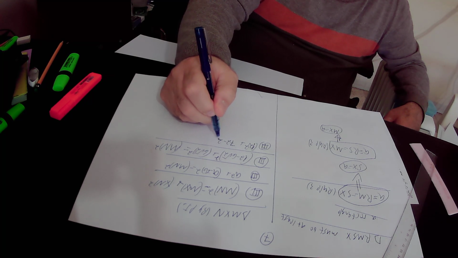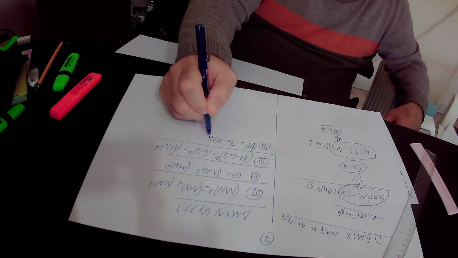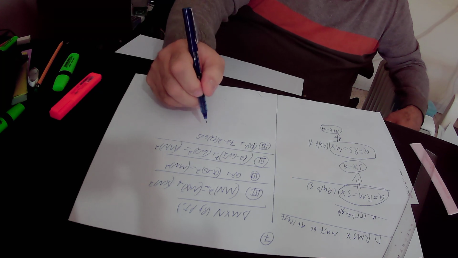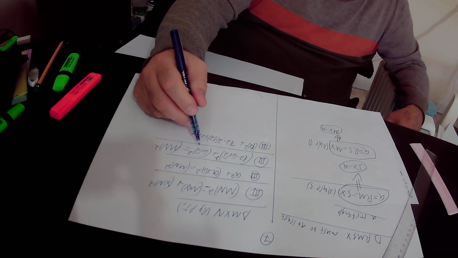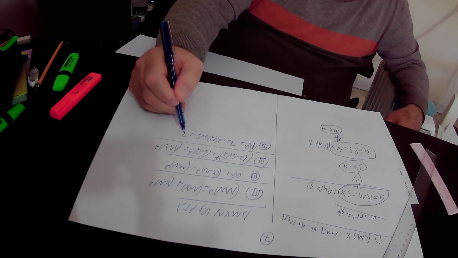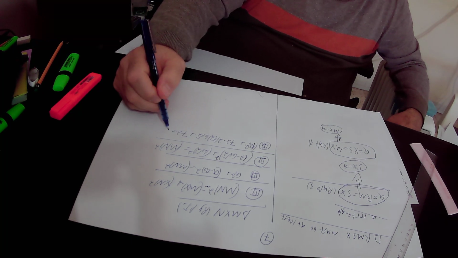Minus 2 times 12 times 6 times square root of 2. Plus, we already found out that (6 times square root of 2) squared is 72. And it equals MN squared.